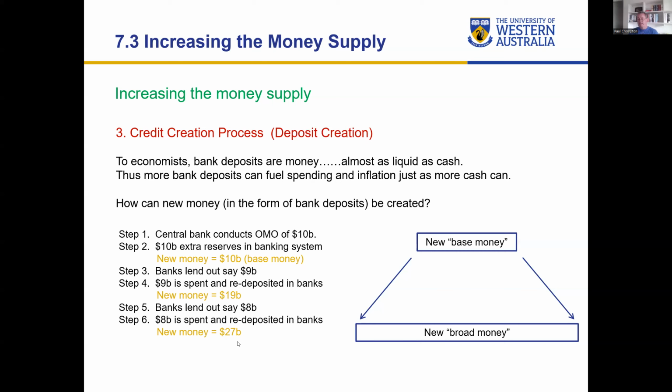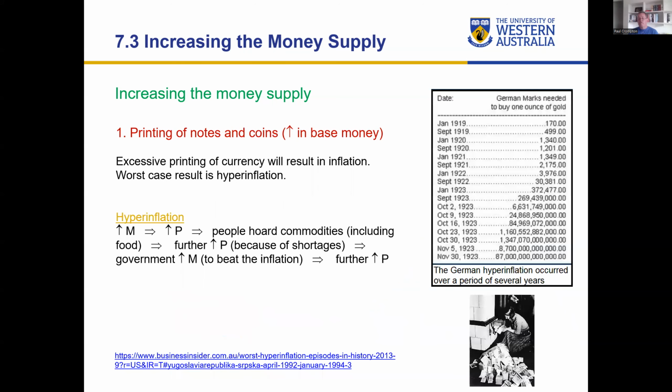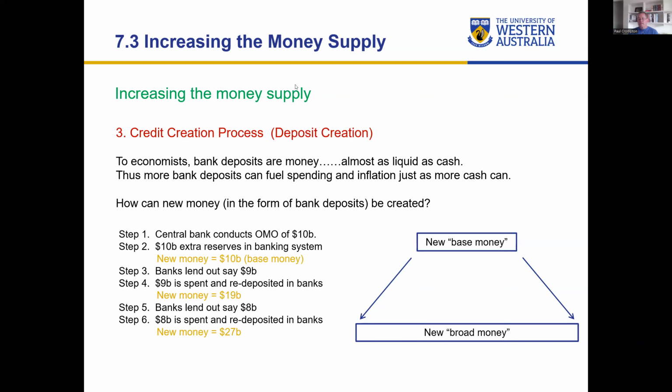So the central banks need to find a way to undertake quantitative easing and inject money into the banking system, but prevent this credit creation process from acting upon that new money. Okay, and there are ways of doing that.